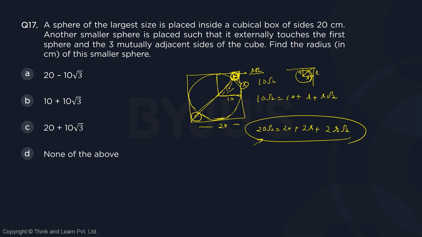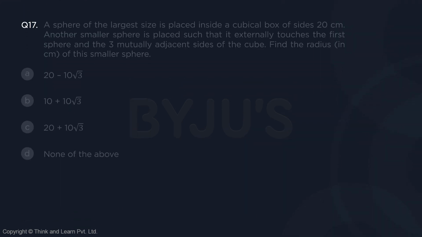But now we have a cube. In a cube, because it's a 3D figure, we need to talk about the body diagonal of the cube here, right? So I am talking about this diagonal now. If this side is 20, this is 20 root 3, not 20 root 2.